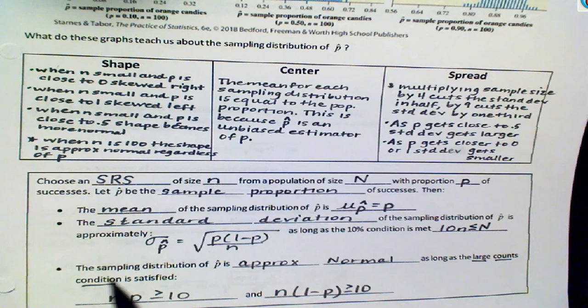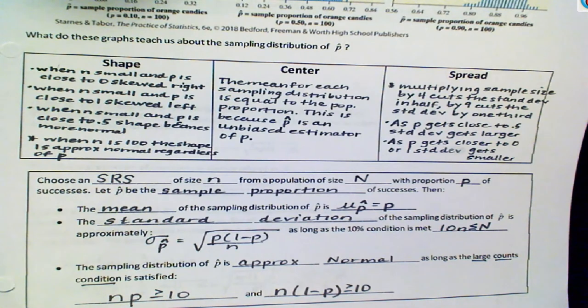And then the sampling distribution is approximately normal as long as the large counts condition is satisfied. These are the two conditions you've got to check to see if it's normal every time. You take the number in the sample times p and make sure that's greater than or equal to 10, and the number in the sample times 1 minus p has to be greater than or equal to 10.